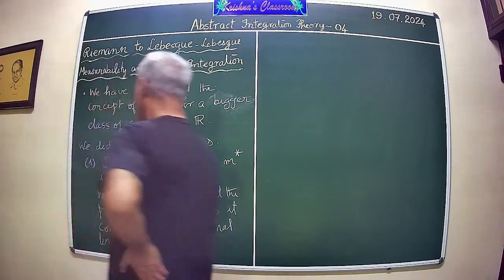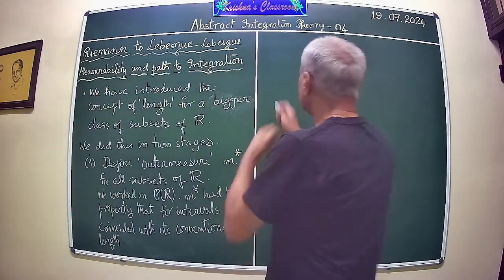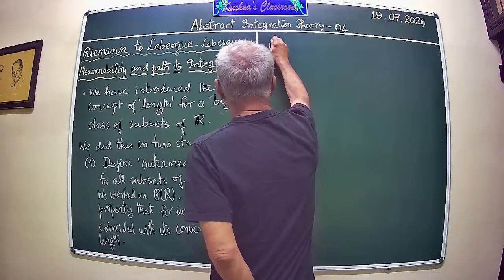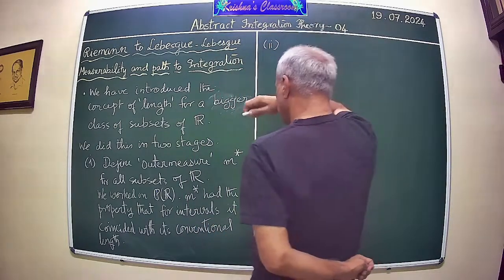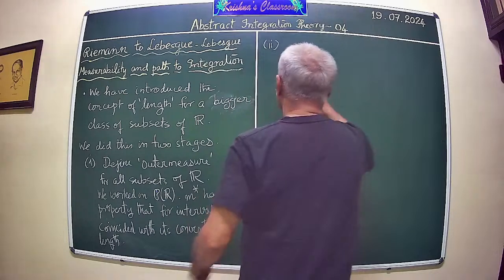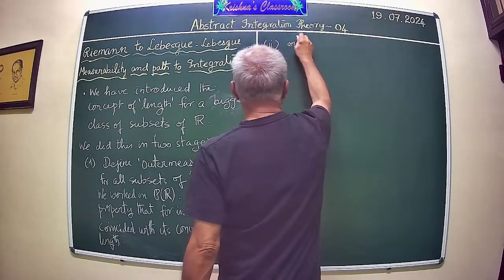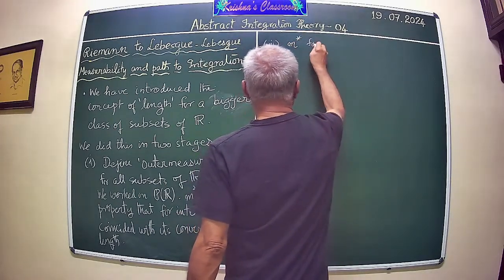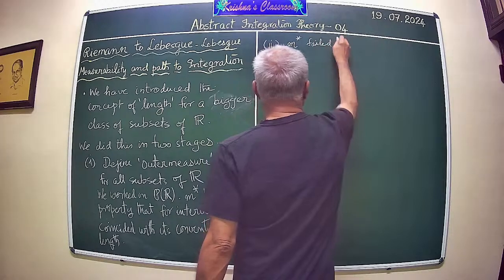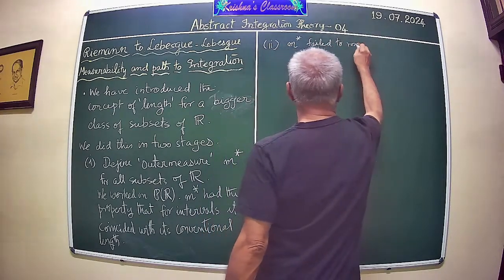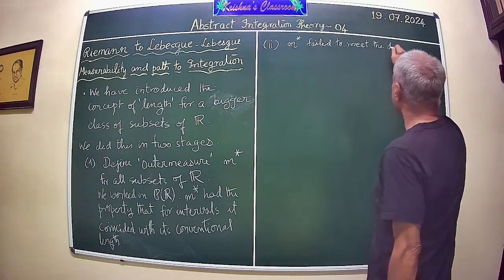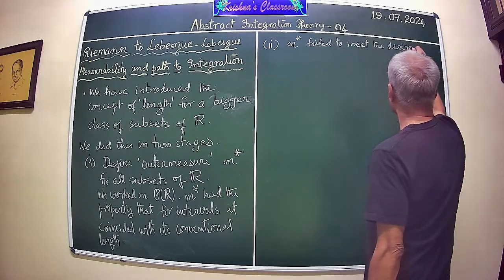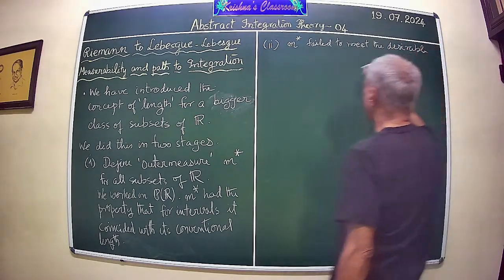Now the second problem that we encountered was, because I didn't prove it or anything, m star failed to meet the desirable countable additivity.